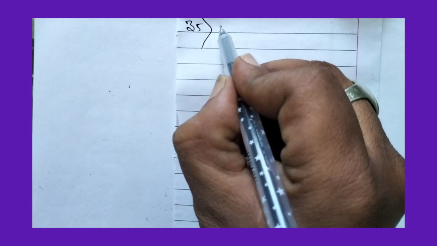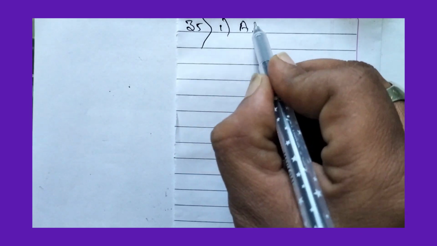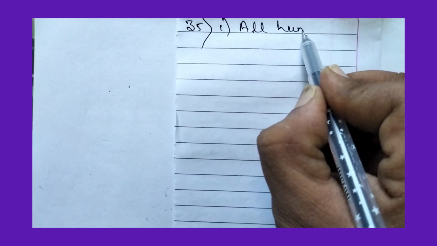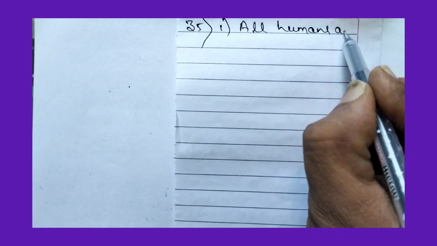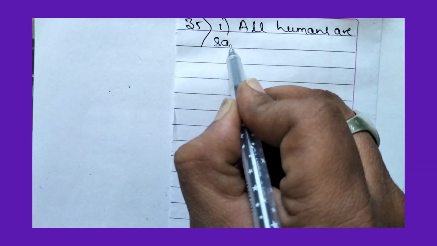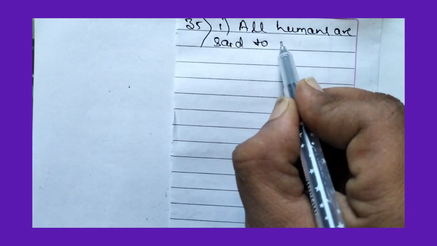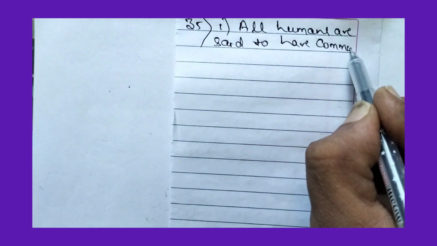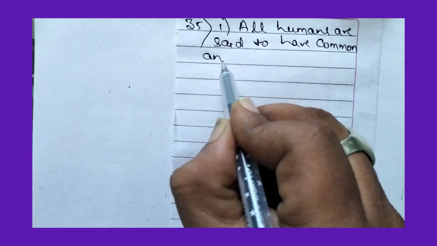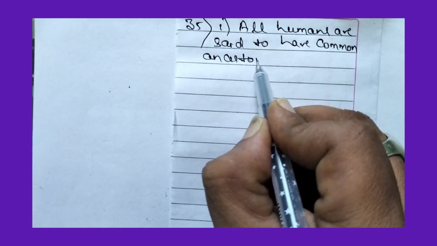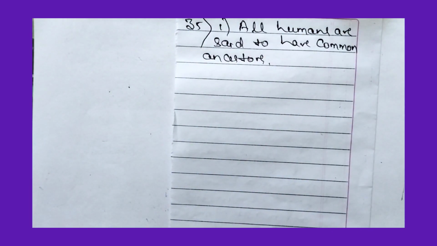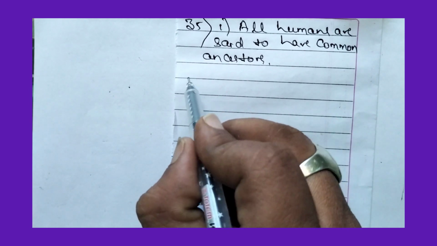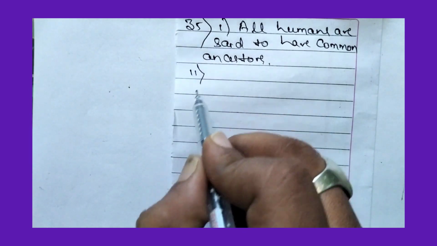So the first point is all humans are said to have common ancestors. Whether they are American, African or European or anyone, all the humans have the common ancestor. This is the first point.